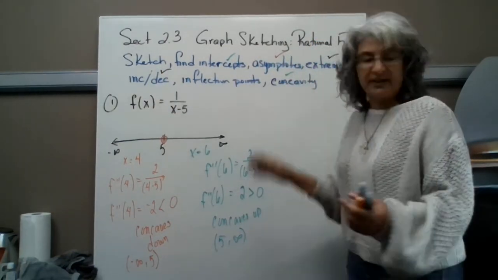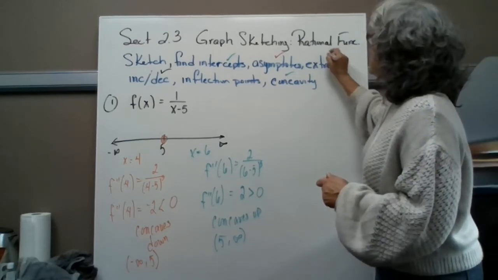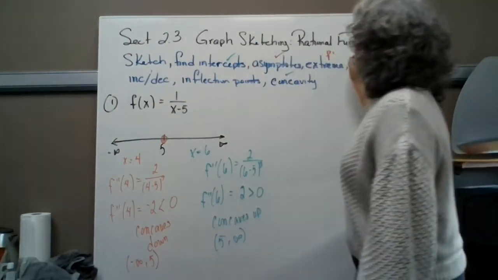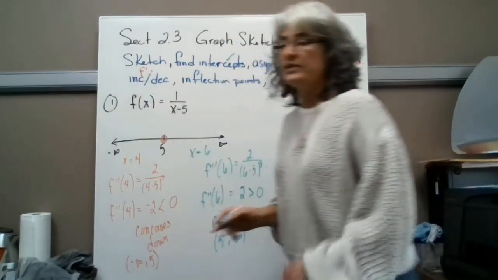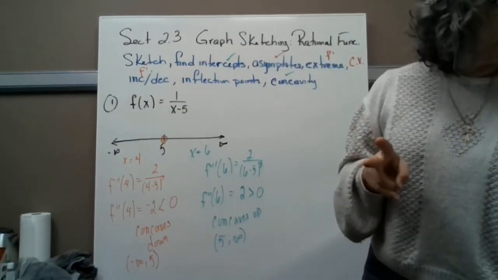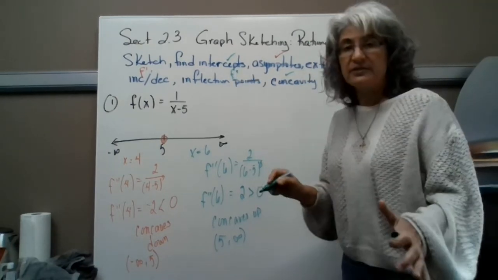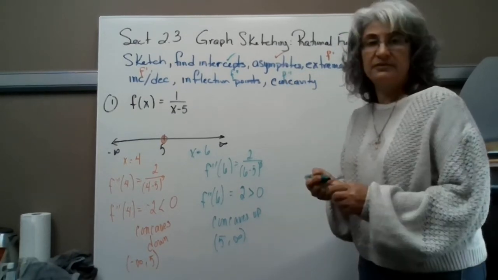So understand that. Derivative number 1 helps me with the relative extrema and the critical value and where it's increasing and decreasing. Derivative number 2 helps me with inflection points and helps me with concavity.